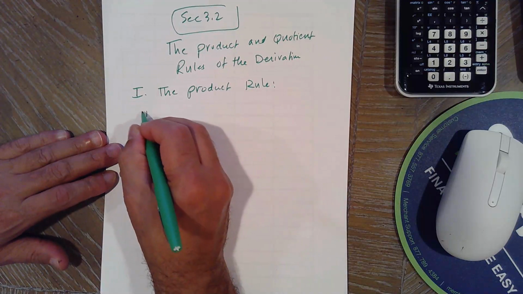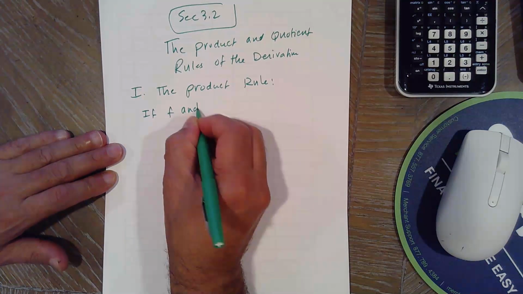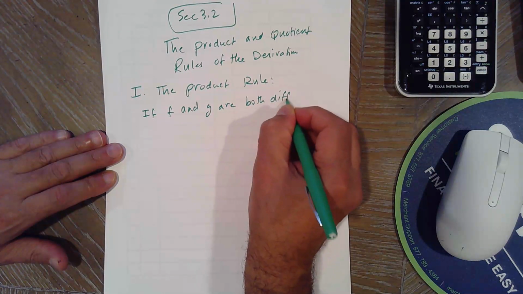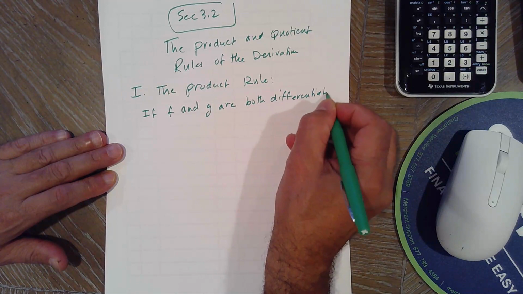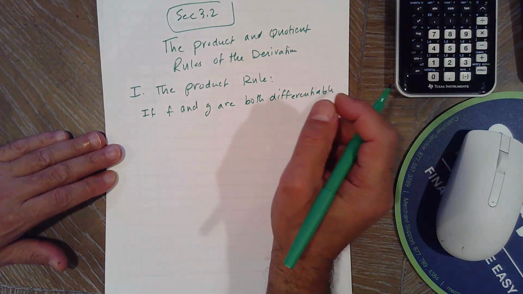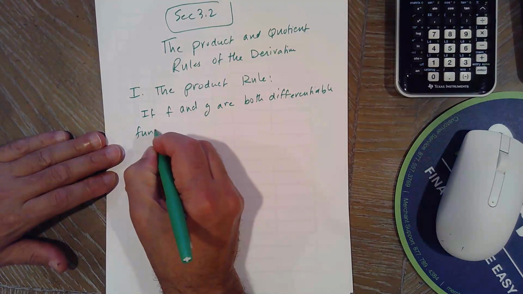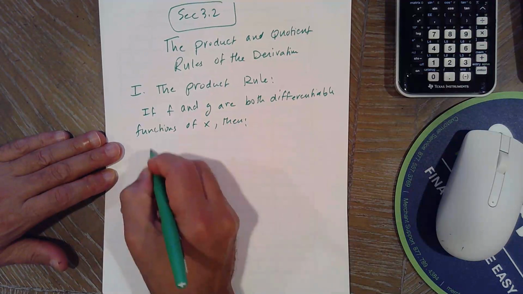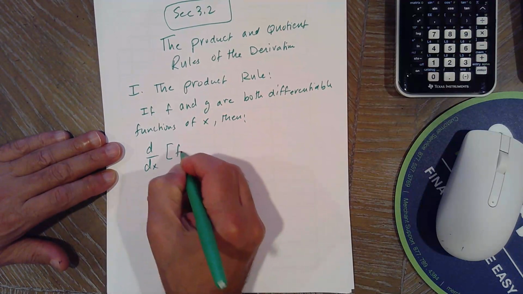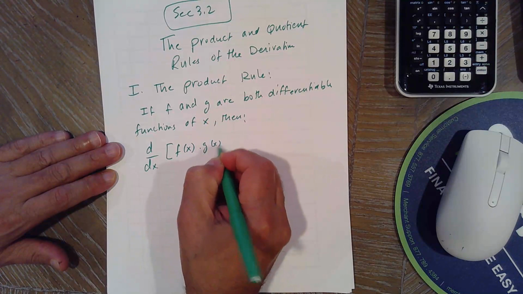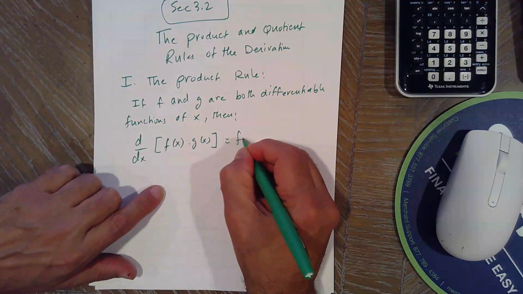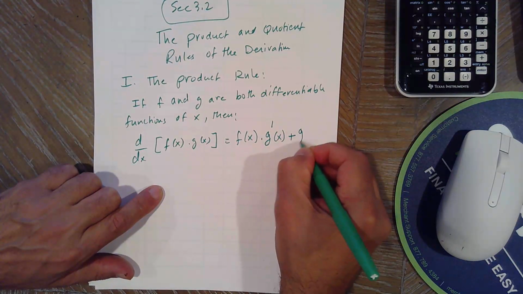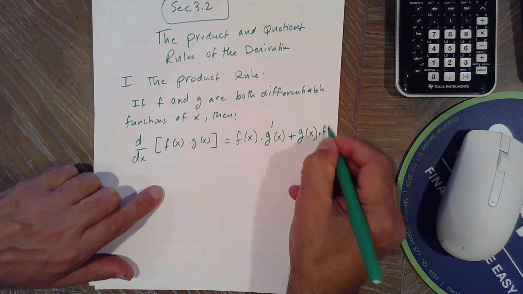So if f and g are both differentiable functions, that means the derivative exists at every point, functions of x, then the derivative of f times g: you fix the first function, you times by the derivative of the second, plus you fix the second function, you times it by derivative of the first.